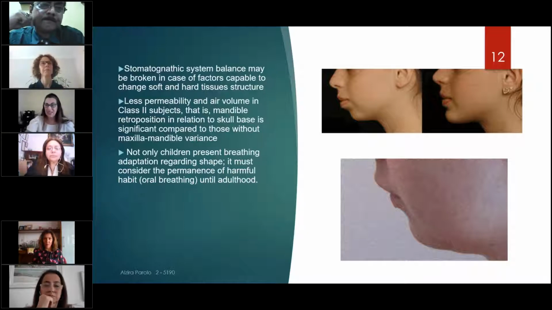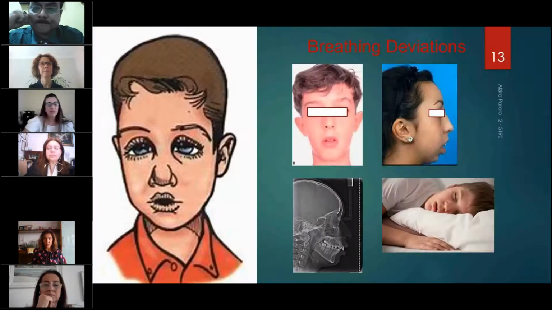This is a surgical case. Some features, for example, vertical and horizontal face deviations. Dental arch and occlusion and adaptations.